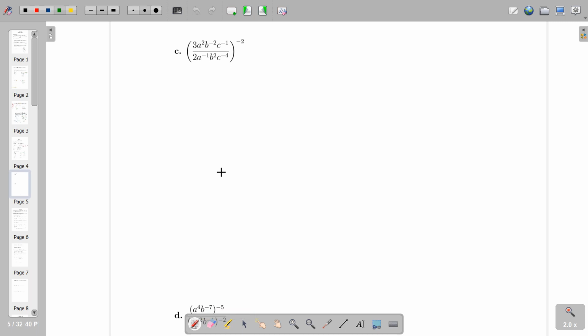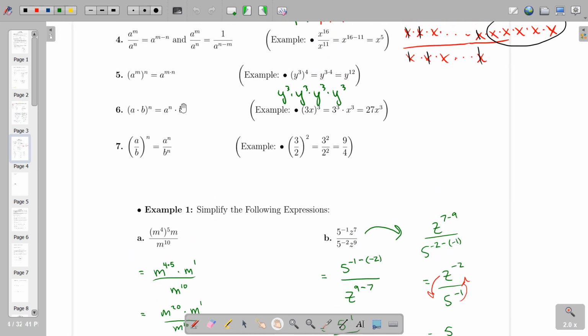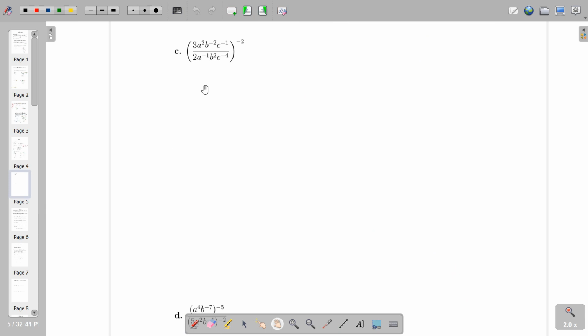All right, so now this one's a little bit tricky because what we've got going is basically a combination of two of the properties from the previous page. If we look at property 6 and 7 on the previous page, this one says you can take the exponent through multiplication. This one says you can take the exponent through division. So here we're basically wanting to do both, right? Take the exponent through multiplication and division.